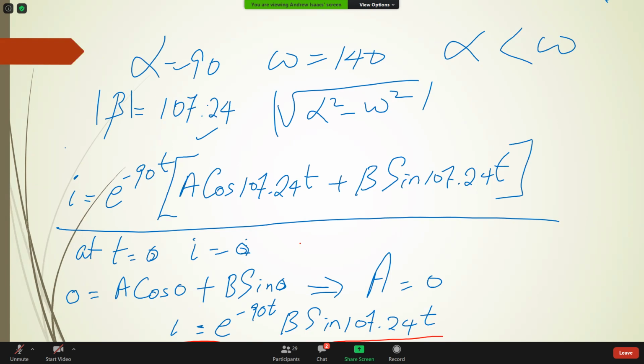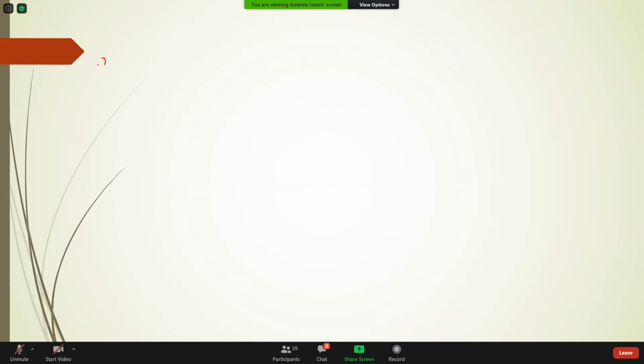What other boundary condition do we know? T equals 0, the sum of the voltages equal 40. So at T equals 0, VL plus VC plus VR equal 40.